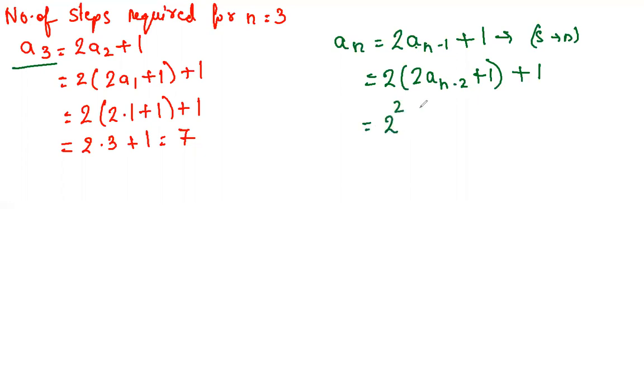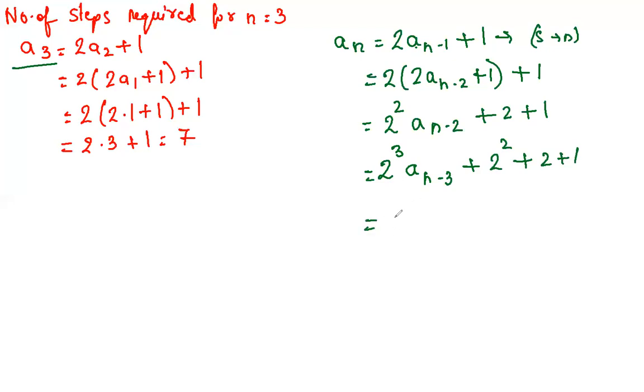That means it is 2 square A(n minus 2) plus 2 plus 1. Similarly, if we go by this logic, then for solving a problem of size n minus 2, we need to break it down into a problem of size n minus 3. So it will be 2 cube A(n minus 3) plus 2 square plus 2 plus 1.